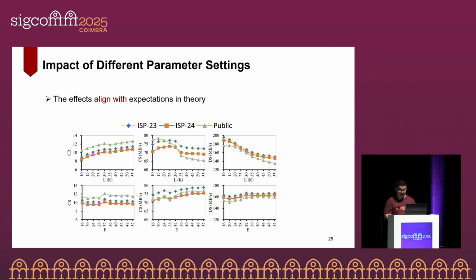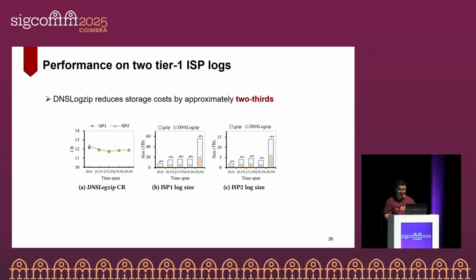We also varied E from 16 to 52 to see its effect. Although a larger base should shorten encoded data, the benefit is offset by reduced Huffman encoding efficiency, so the compression ratio stays nearly the same. Compression and decompression speeds also show little change with different E values.